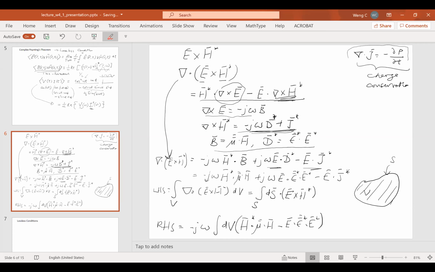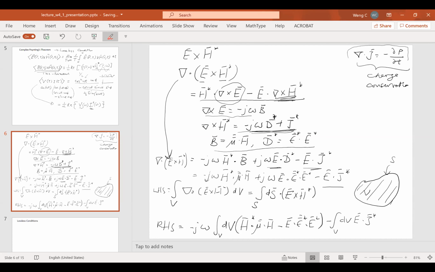And then I will have left over the last term integrated over volume, E dot J star. Right-hand side just becomes this. Are there any questions so far on the derivation? I guess you follow this, right?